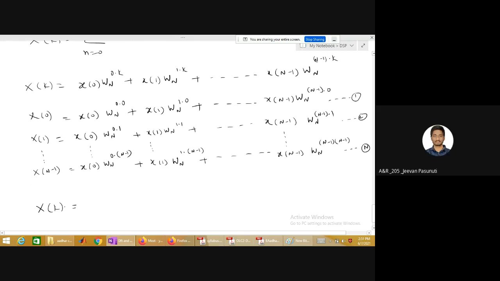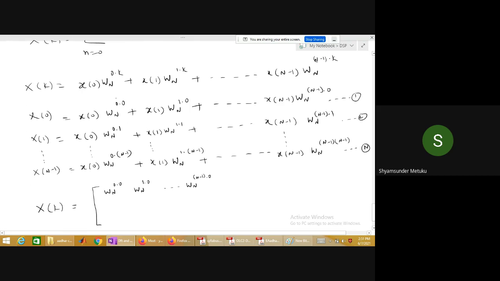Yes, sir. It looks like a matrix multiplication, no? Something like this. If you take the first equation, Wn to the power of 0 into 0, Wn to the power of 1 into 0, and keep on going, Wn to the power of n minus 1 into 0.